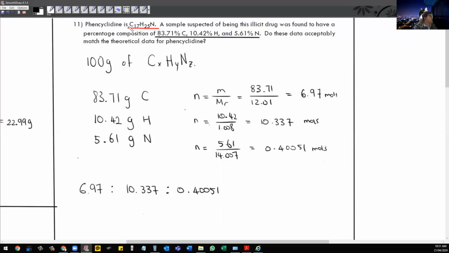You see how this suspected illegal substance has got 1 nitrogen? Well, right now we have 0.4 mole of nitrogen. So we've got to make this one into 1. Okay, so what do we need to multiply by in order to get 1?